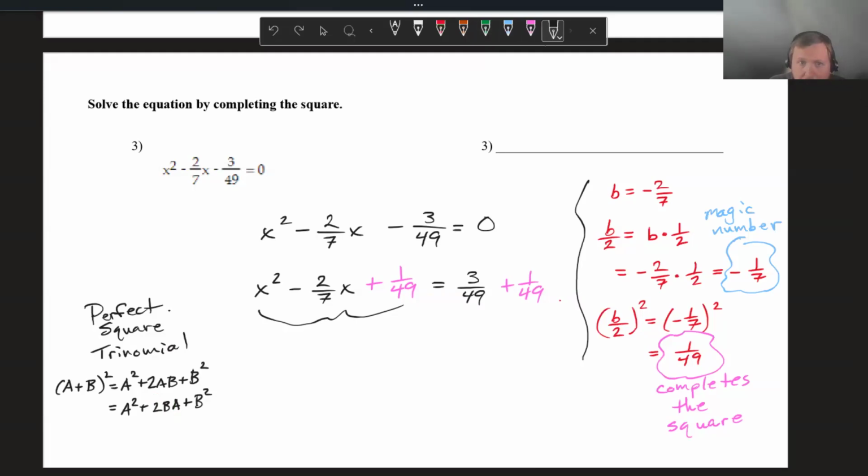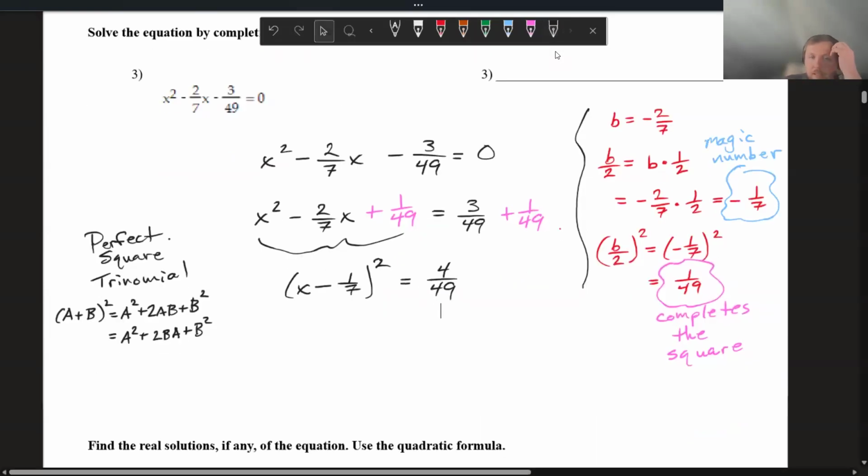That lets me instantly factor the left-hand side to be x minus 1/7 quantity squared. Okay, and then they have a common denominator already, so on the right-hand side, I get 4/49. Now, at this point, I'm going to solve using the square root method.